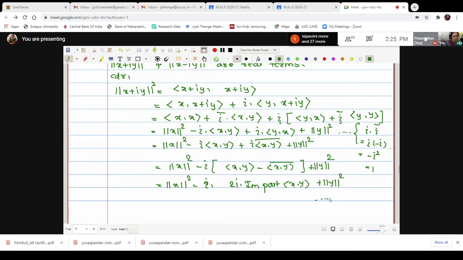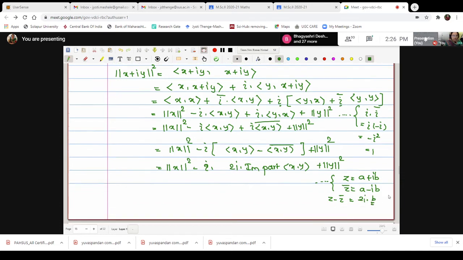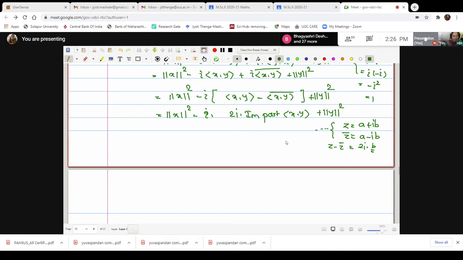I'll just make it clear. Suppose I write z is a plus ib, so that z bar will be a minus ib. Then what is z minus z bar? Z minus z bar will be 2ib, right? 2ib is the imaginary part, but that imaginary part is always real, no? Therefore here we will check the term norm square of x.